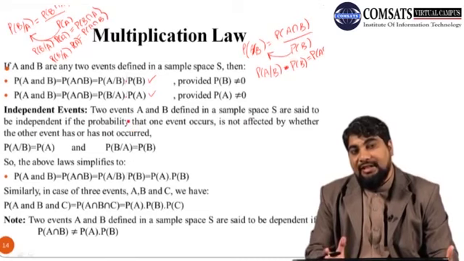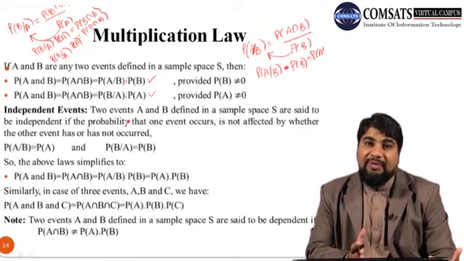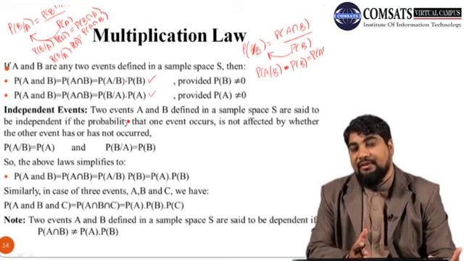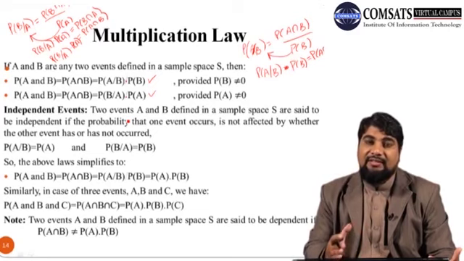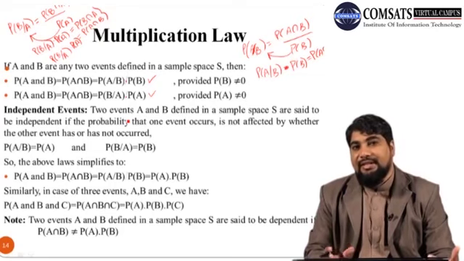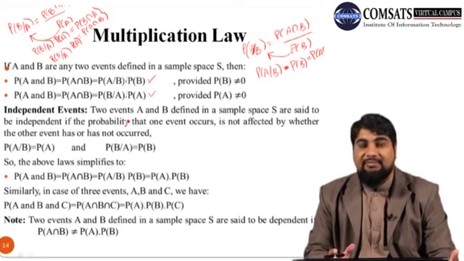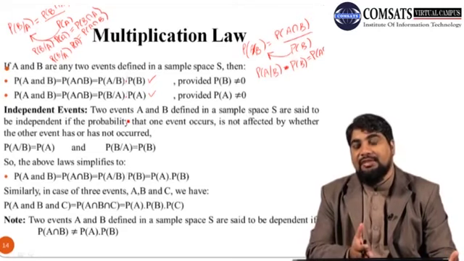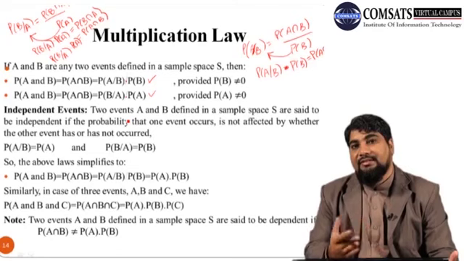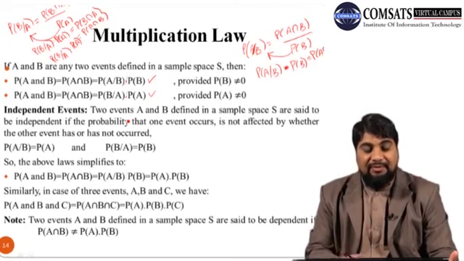So the occurrence of event A has no effect on the occurrence or non-occurrence of event B, or similarly, the occurrence of event B has no effect on the occurrence or non-occurrence of event A. Then we say that events A and B are independent.